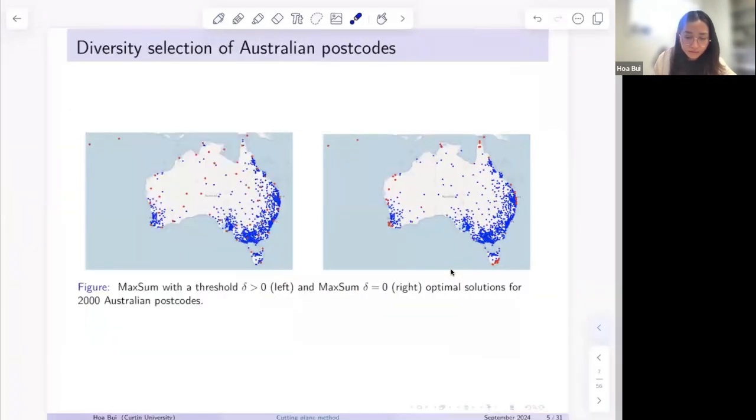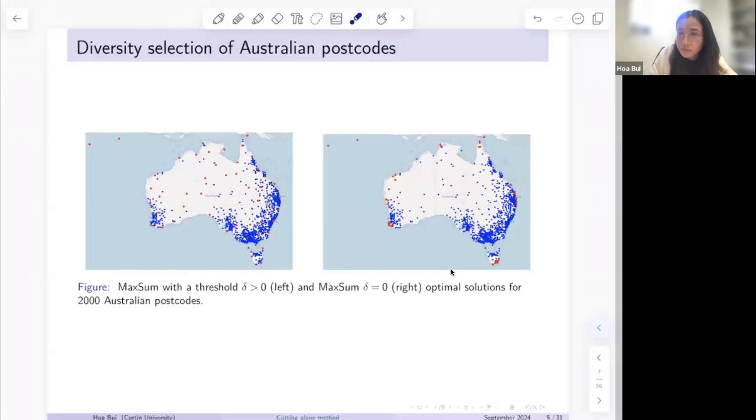For this particular problem, the way you choose the threshold actually affects the geometry of your optimal solution. As you can see here on the left-hand side, the optimal solution has selected points spread apart, so that they cover the whole map.